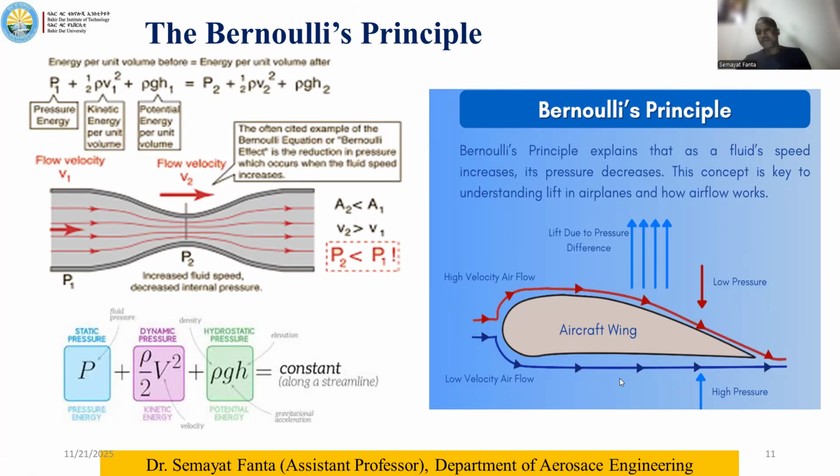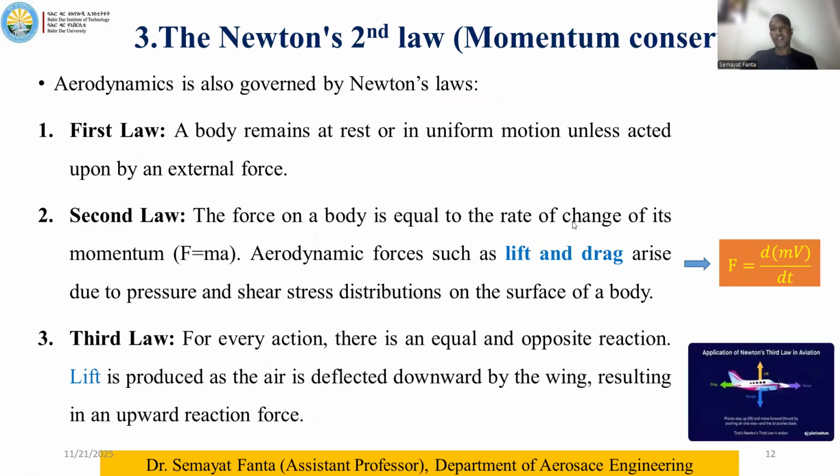Consequently, high pressure develops at the bottom and low pressure at the top, so the differential pressure helps to lift the aerofoil in the upward direction. So that is Bernoulli's principle.